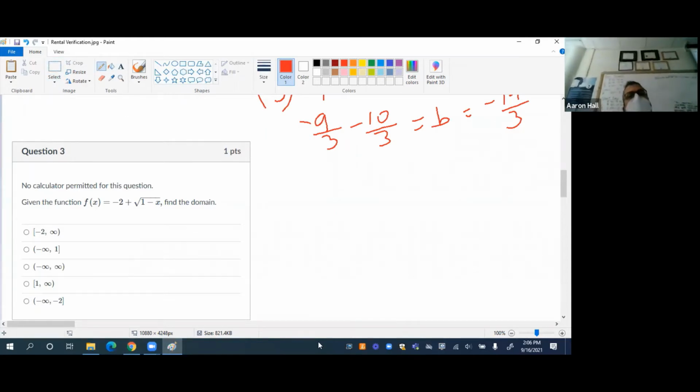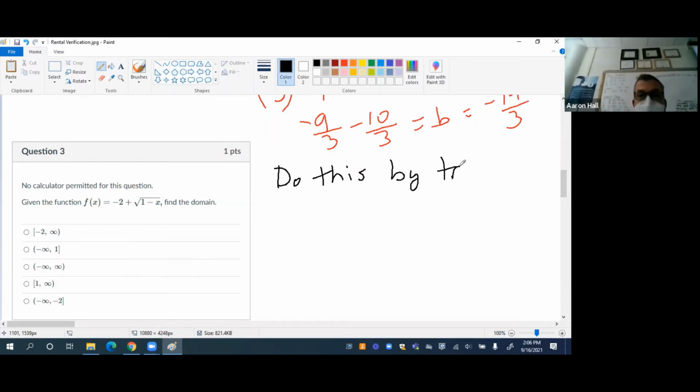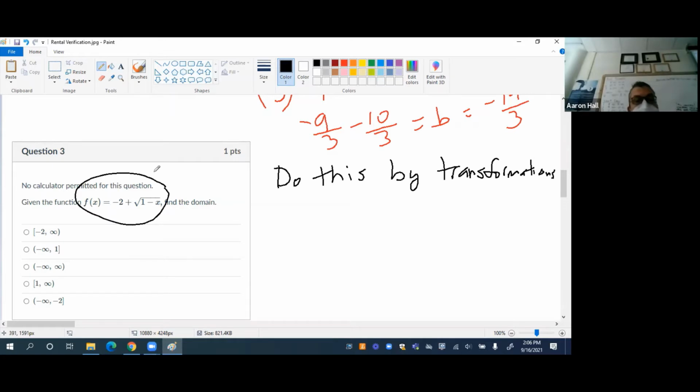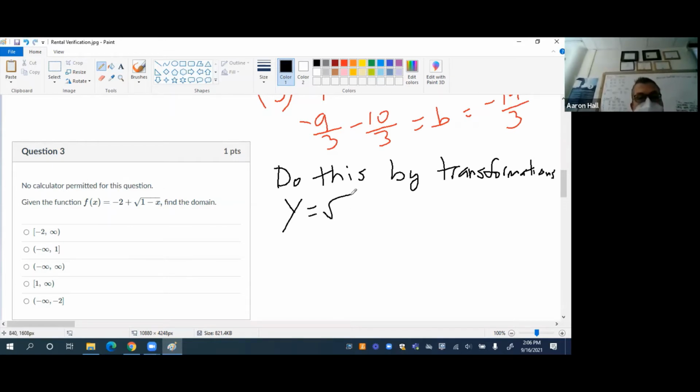And so let's do this by transformations. All right. Now let's look at the parent. What is the parent function of this mess? The parent function is y equals the square root of x.